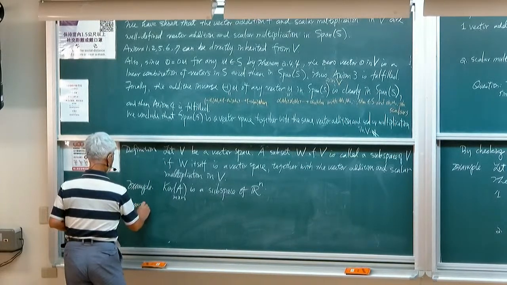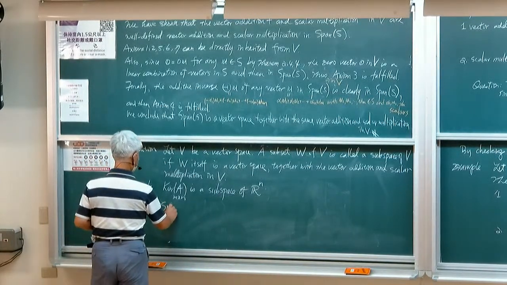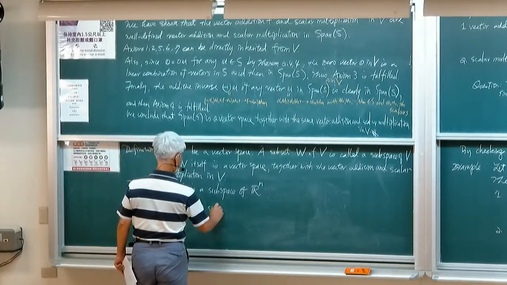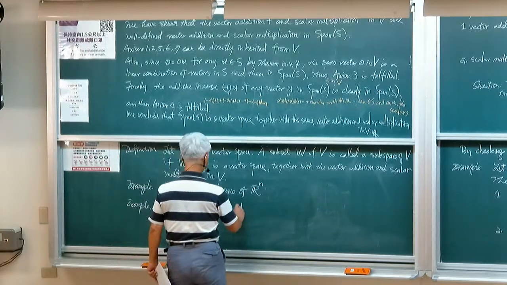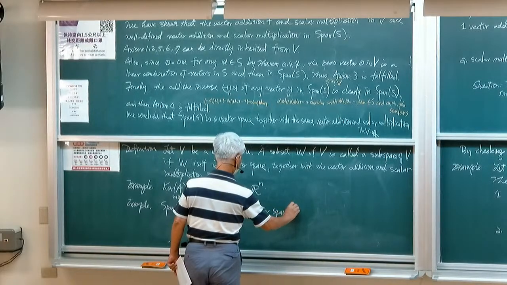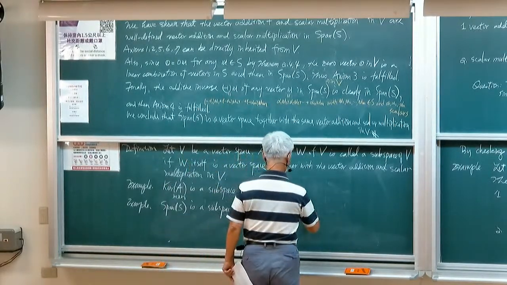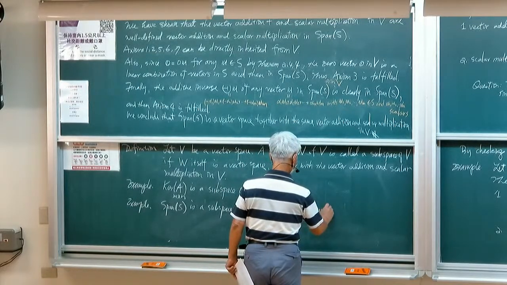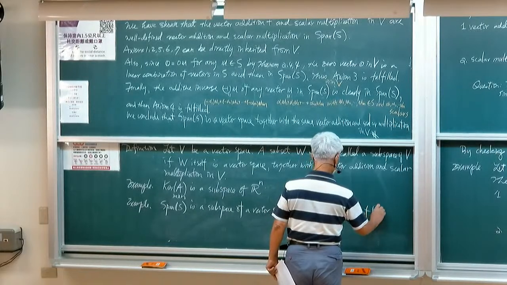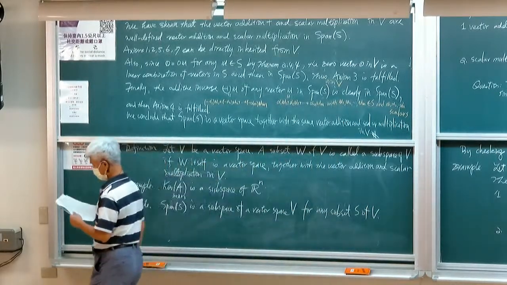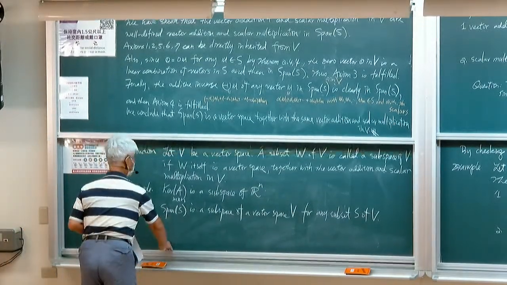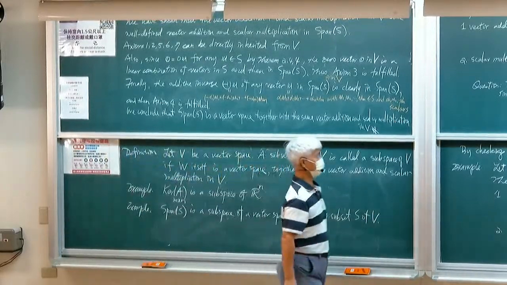Another example is that the span of S is a subspace of a vector space V for any subset S of V. This is about subspaces.